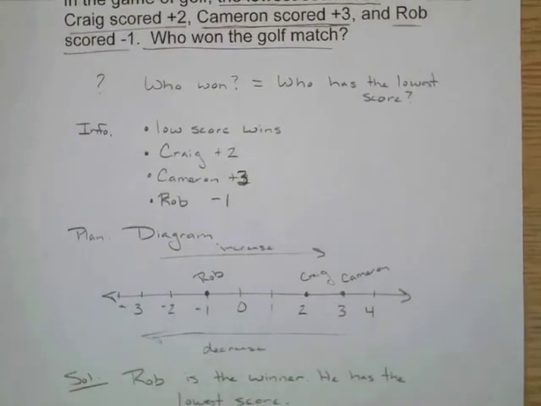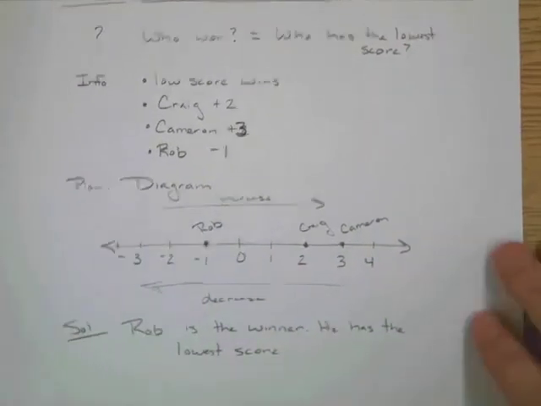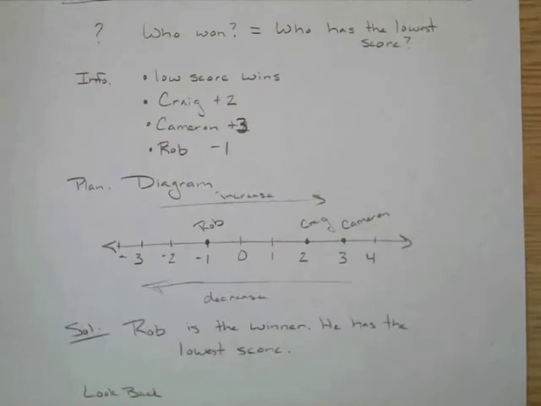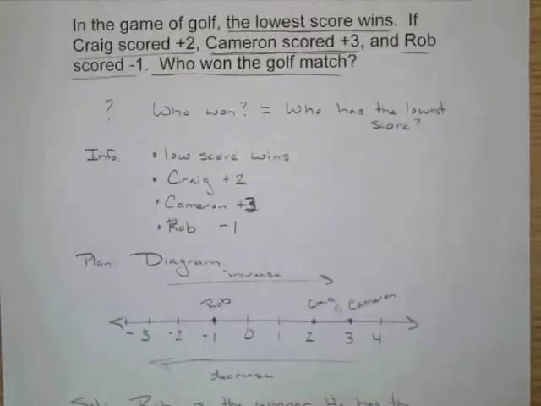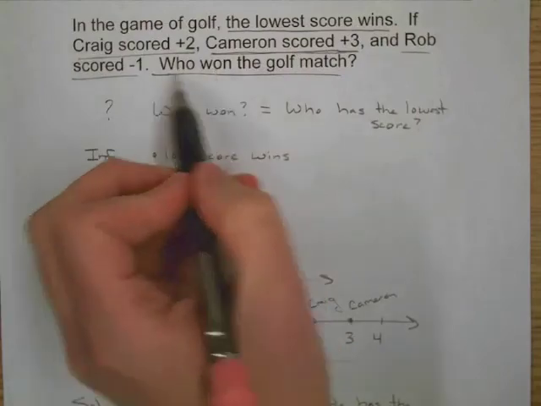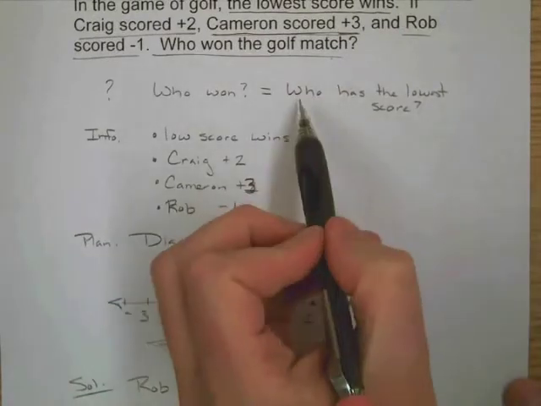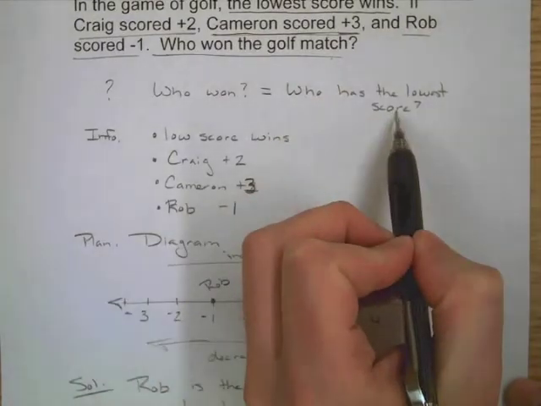And I want to go back and double check. I'm going to make sure that my answer is reasonable. So I'm going to look back and double check what I'm thinking there. So I'm going to go back and reread the question again. I want to know who won the golf match. Okay, well, I said that Rob was the winner, but I know that because it's asking who has the lowest score.